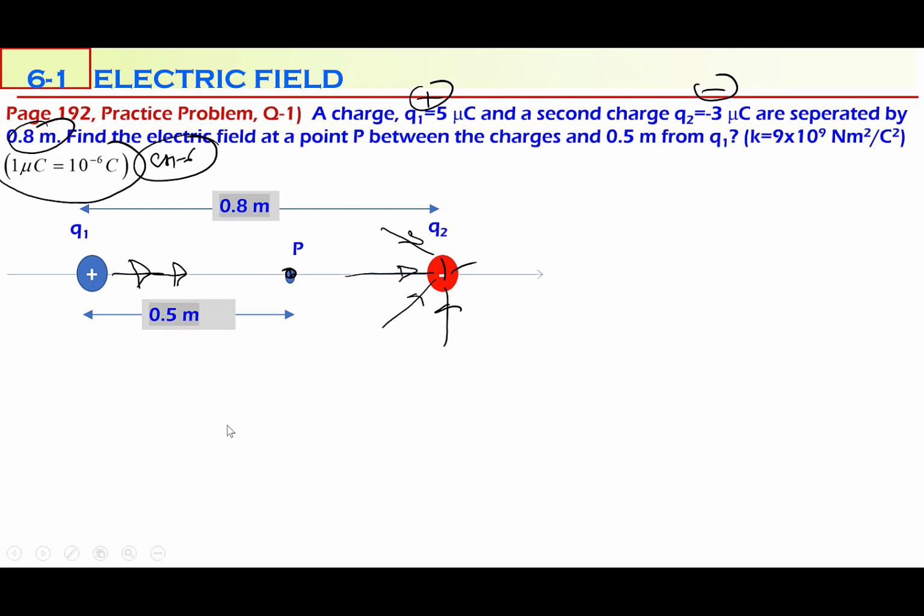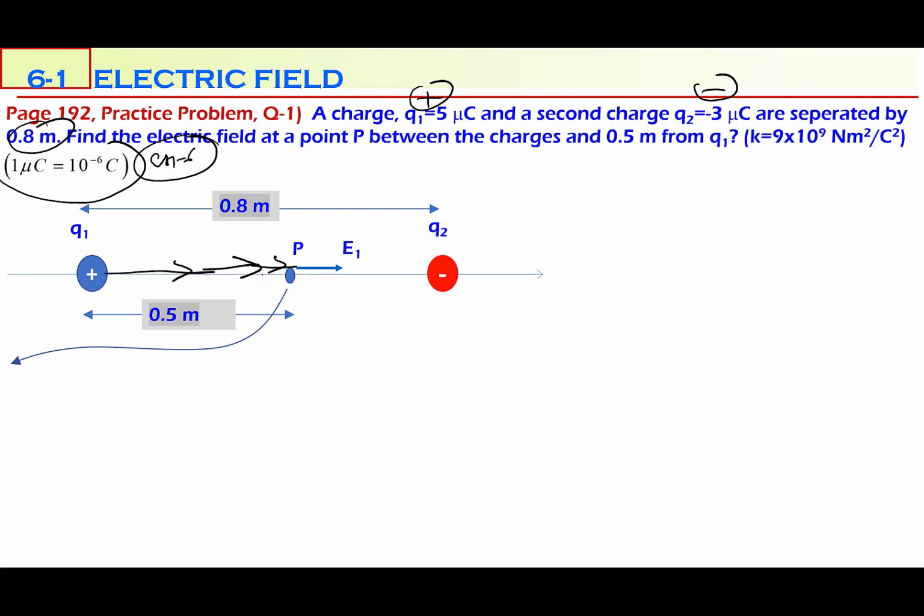Q2 also produces an electric field to the right. Look at their directions. For Q1, the electric field is outward, which is to the right. For Q2, the electric field is inward. It is also to the right. The electric field because of Q1 and Q2 at point P is going to be to the right. This is E1. E1 is the electric field at point P because of Q1.